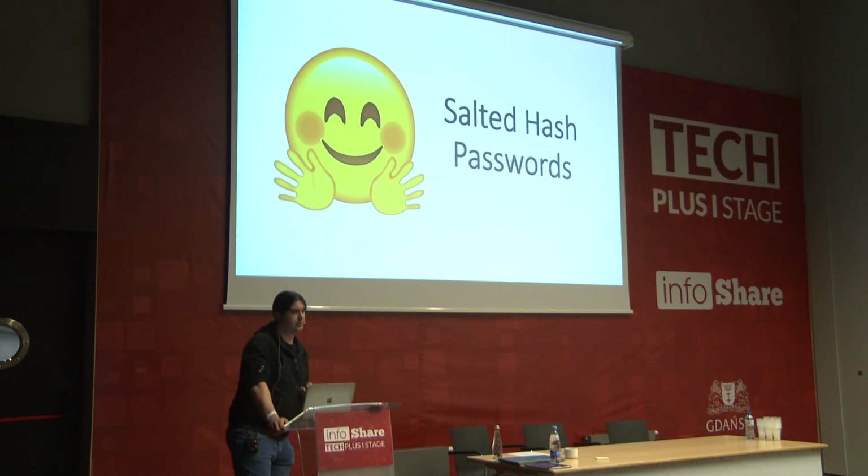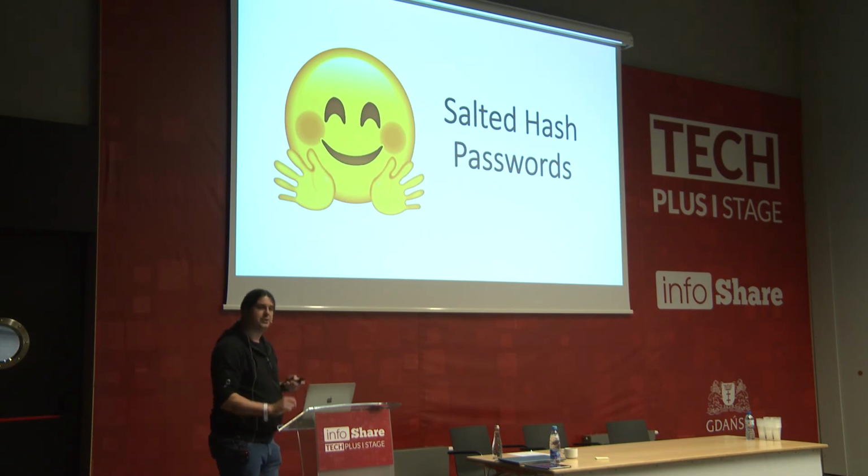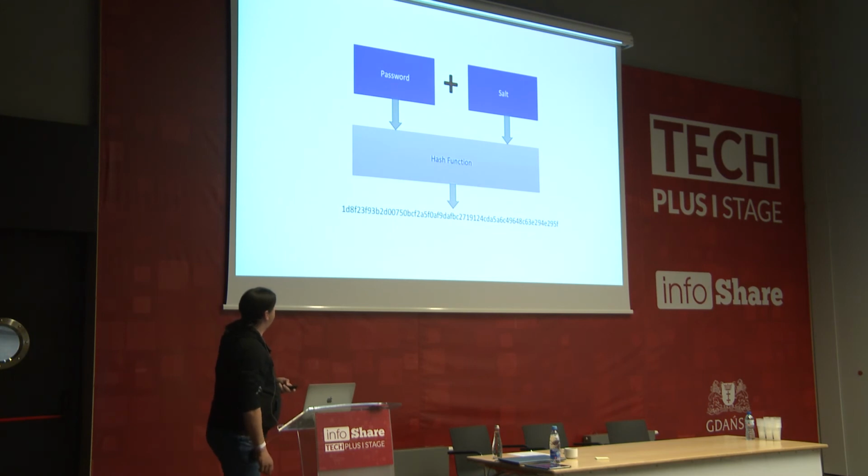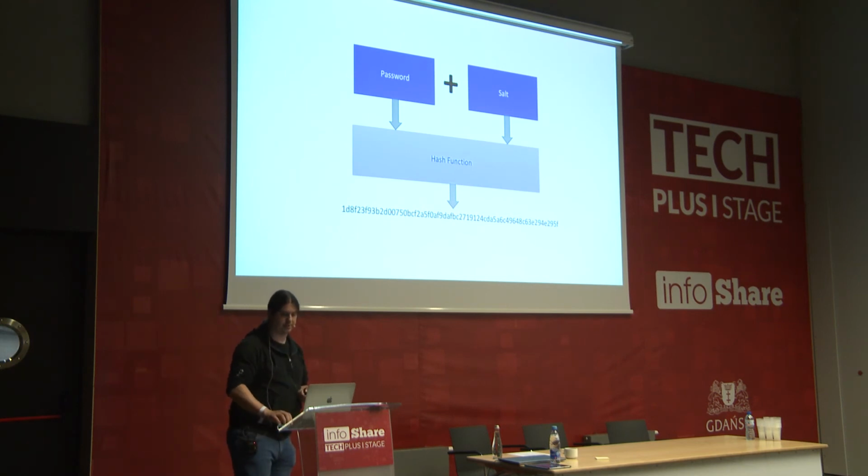So the next option then is to use a salted hash. I'm one step ahead of you. A salted hash is where you add an additional piece of entropy onto your password before you hash it. That could be a randomly generated number that's 32 bytes in length. Does anyone do this currently? This is more common. You have a password, you have your salt, and you need to store the salt somewhere because you have to have that salt to create the same hash of the password.